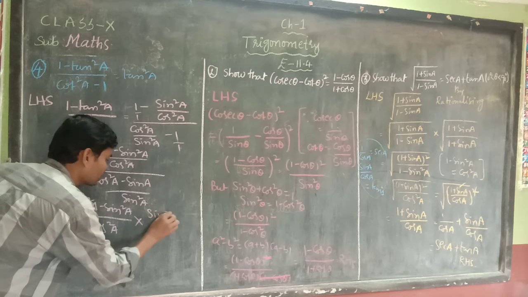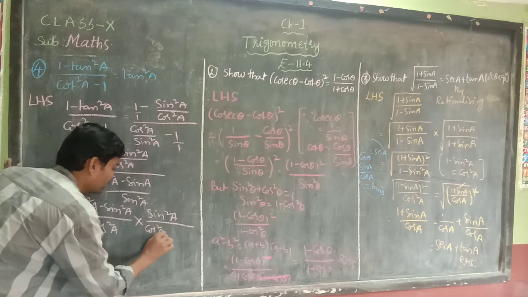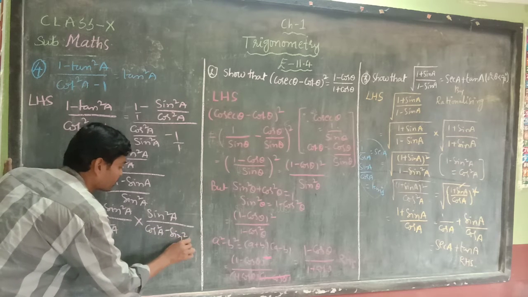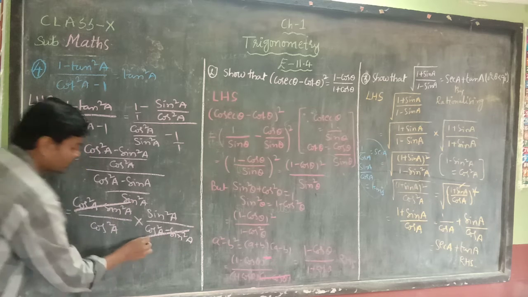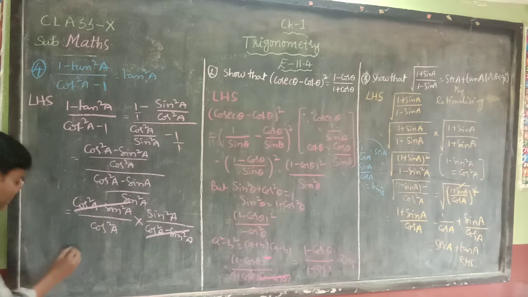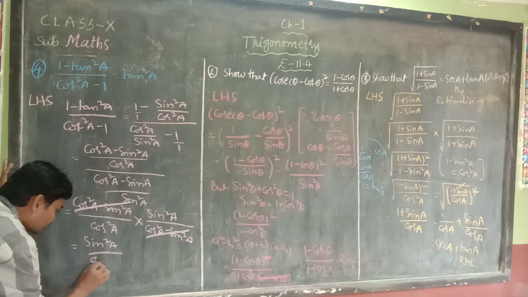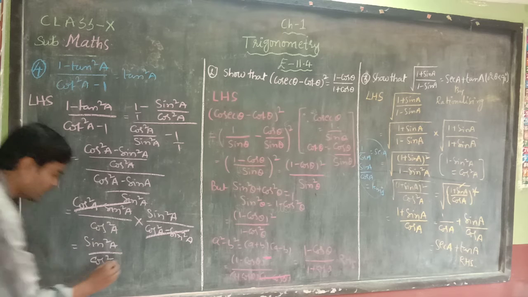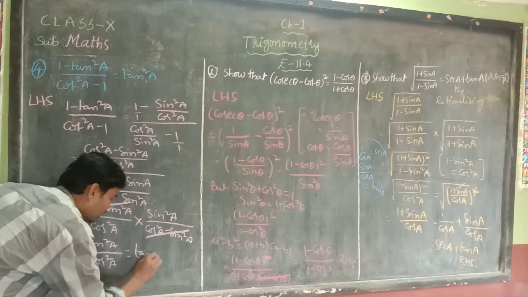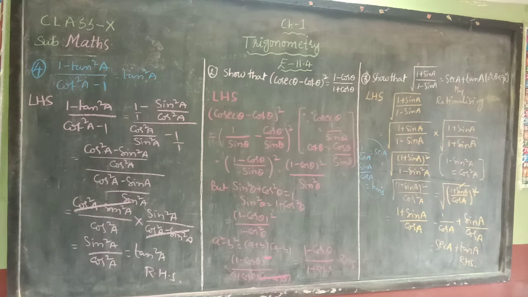So that is sin square a by cos square a minus sin square a. Here cos square a minus sin square a got cancelled. Finally we got sin square a by cos square a.